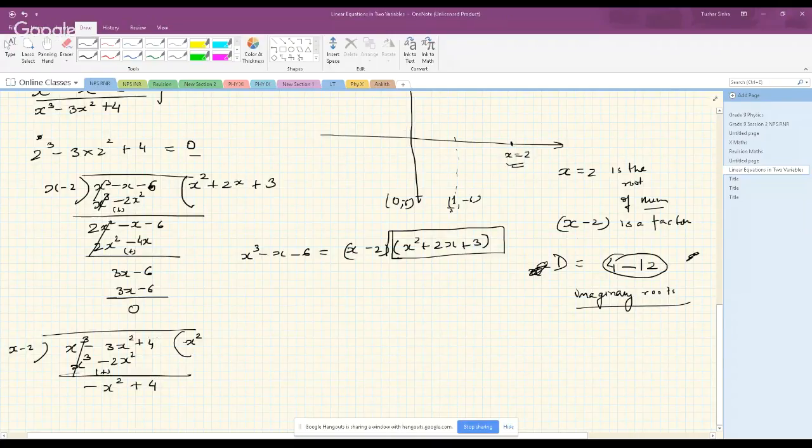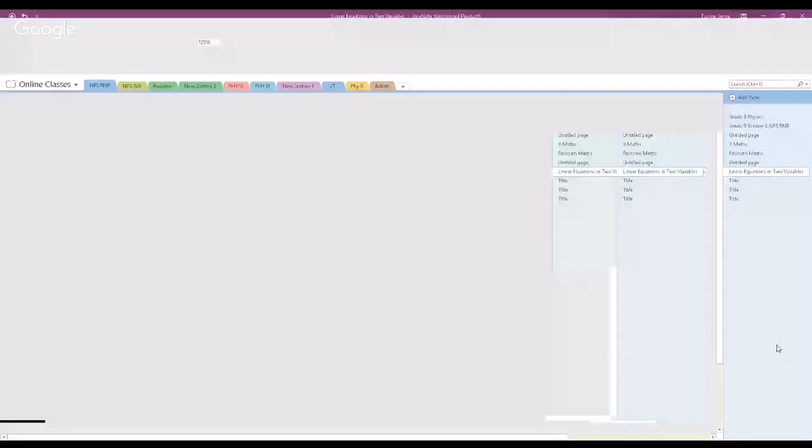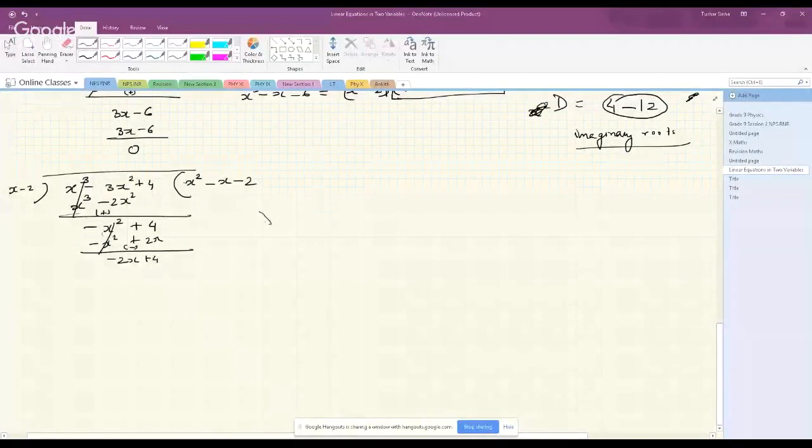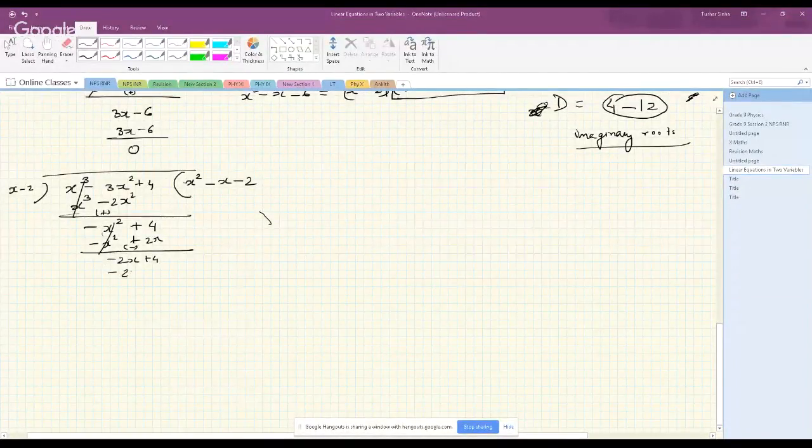Now next is again you have to multiply this by minus x, I believe. Yeah, so minus x and times x is minus x square, and then minus plus 2x, so plus 2x is here. So this goes and then this becomes minus, so it becomes minus 2x plus 4, and hence simply you'll have to do minus 2 and you will get minus 2x plus 4 here.